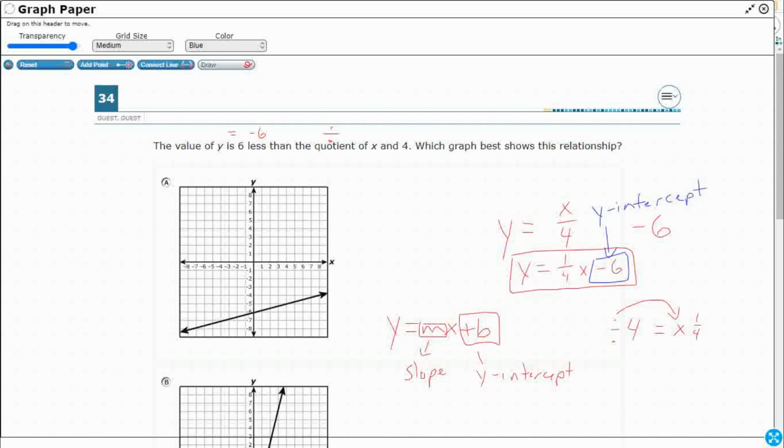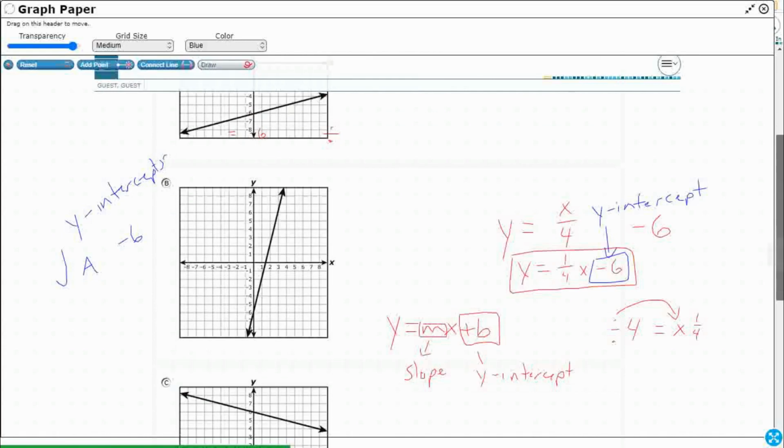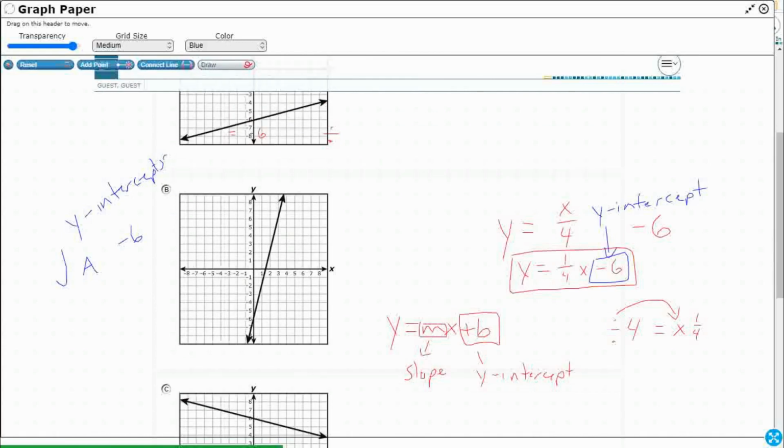So you see right there I've got A, okay, the y-intercept. So let's just put all of these out here, intercepts. Looks like I'm crossing it right there at minus 6, so that's good. Scroll down here. Also looks like I'm crossing it at minus 6. Okay, that's good.